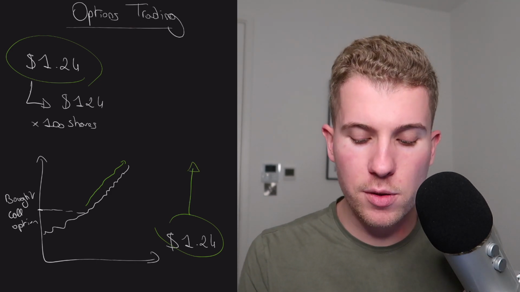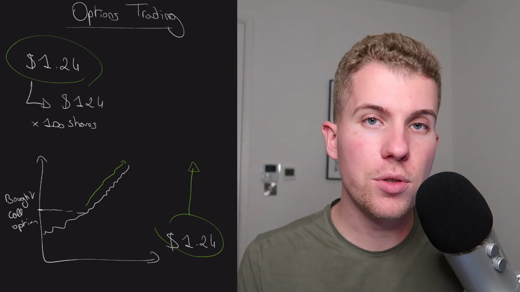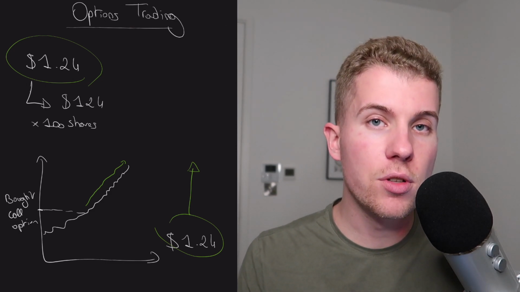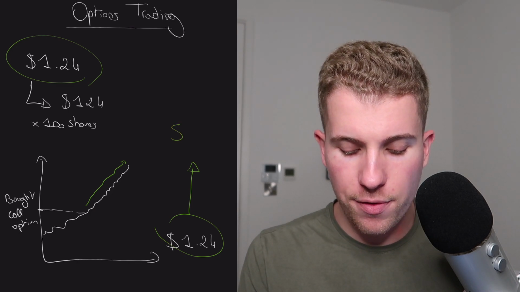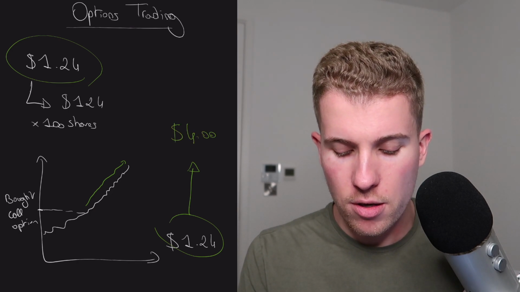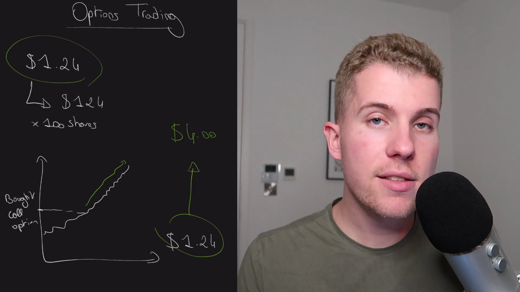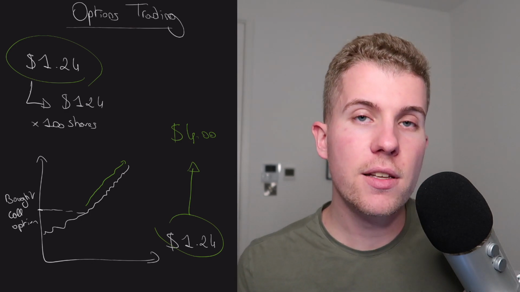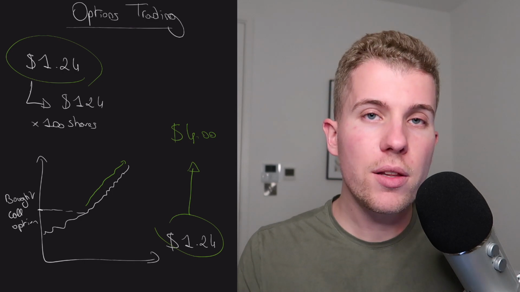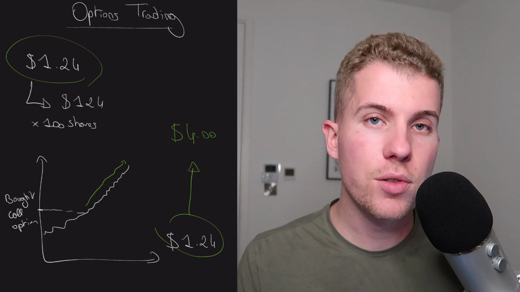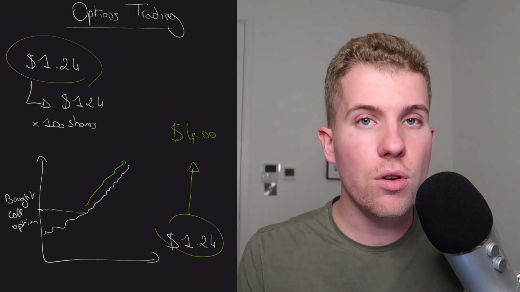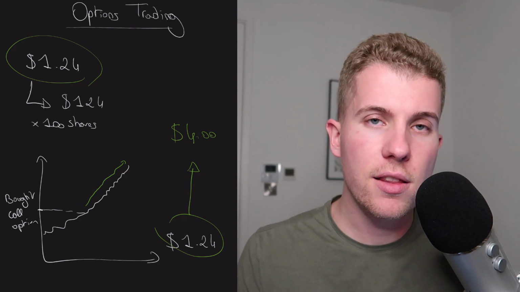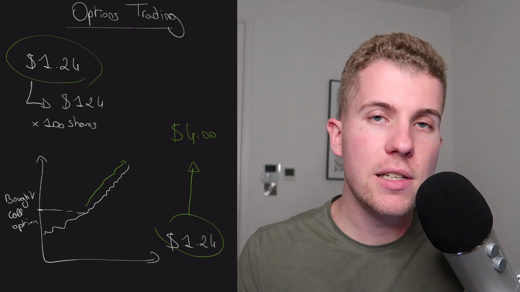Now, instead of being worth $1.24, the premium of the option that you bought before is going to be worth, let's say, $4. And now it means that you're basically making a profit on the price of the option. You bought that option for $1.24, so $124, and now it's worth $4 or $400, as once again, there are 100 shares in every single option contract.